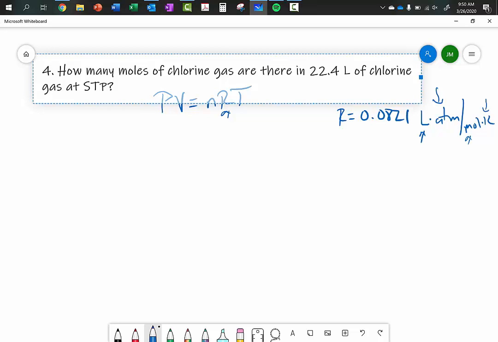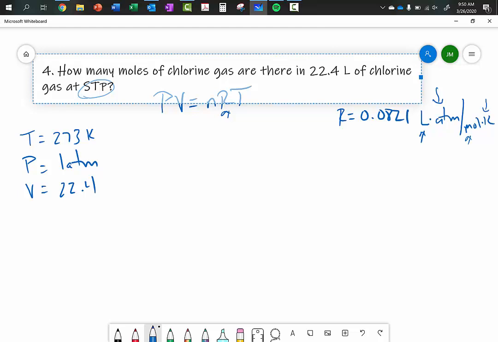Now I am given standard temperature and pressure. So I know that my temperature is 273 Kelvin. I know that my pressure is 1 atm. I'm also given my volume in liters. And all I'm solving for here is moles.